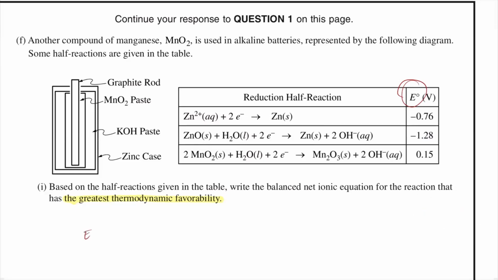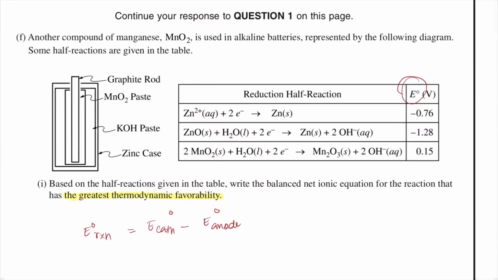E naught reaction is E cathode minus E anode. E cathode is going to be the one that has the highest E naught. So in this one, this is the highest E naught, so that's going to be our E cathode.